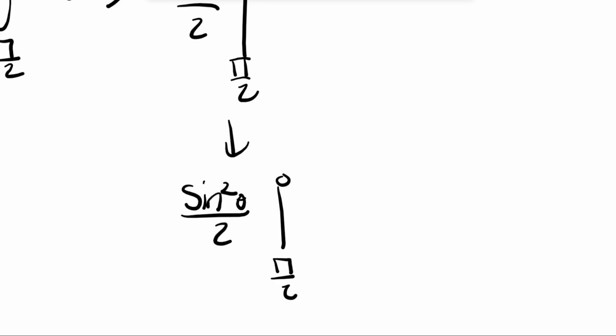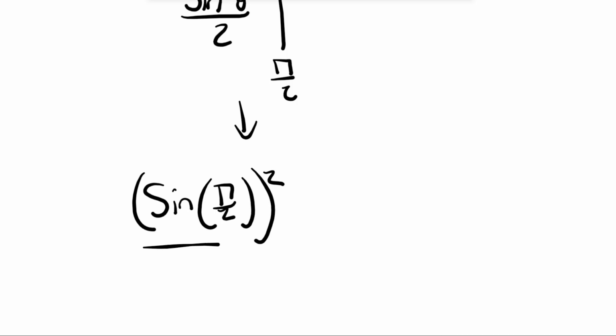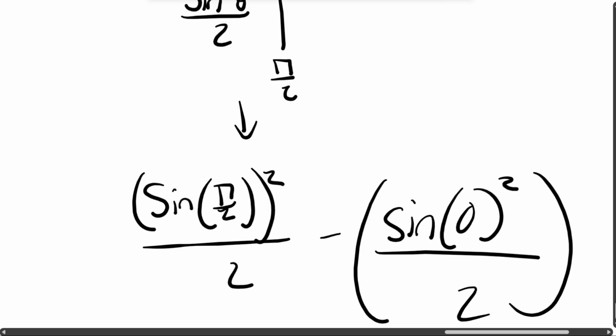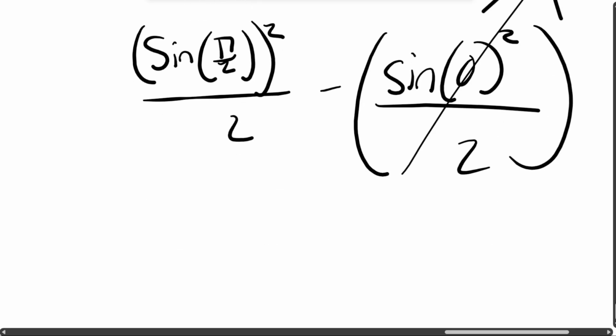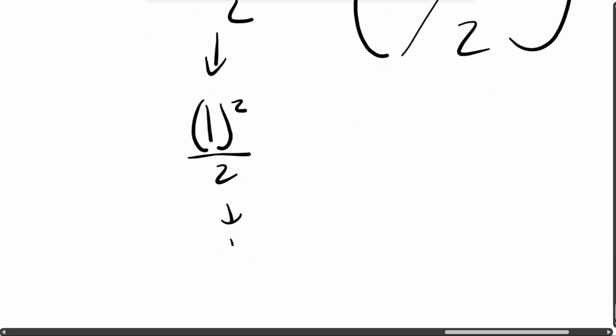Then we say sine of pi over 2 squared over 2 minus sine of 0 squared over 2. This goes to 0. Sine of 90 is 1. You get 1 squared over 2, which is just 1/2.